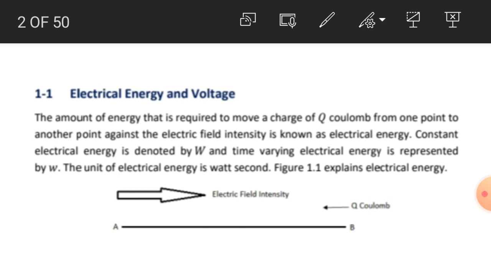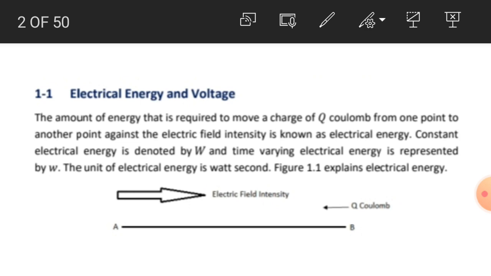After this lecture, you guys will be able to know what is electrical energy, what is the mathematical equation that is used to find out the electrical energy of an electrical system. What is the potential difference or voltage between 2 points? How do we calculate the potential difference or voltage between 2 points?